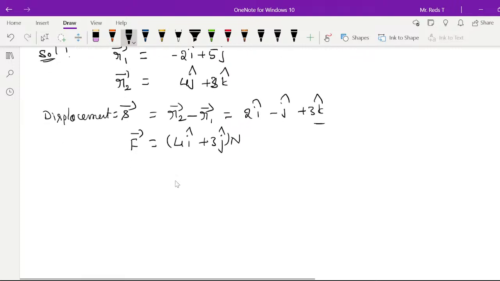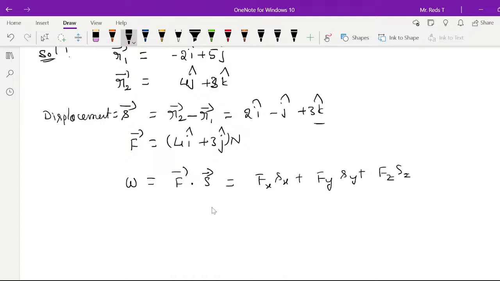Then what is the work done by this force is the question. As the force is constant, work done W is equal to F bar dot S bar. As a shortcut, you can write Fx Sx plus Fy Sy plus Fz Sz.